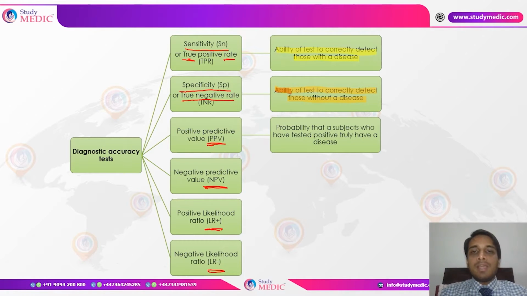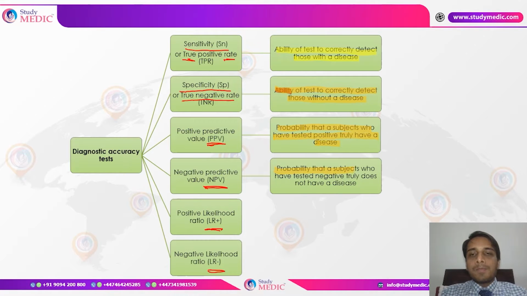Positive predictive value is the probability or chance that a subject who has tested positive truly has the disease. Negative predictive value is again a probability that a subject who has tested negative truly does not have the disease.